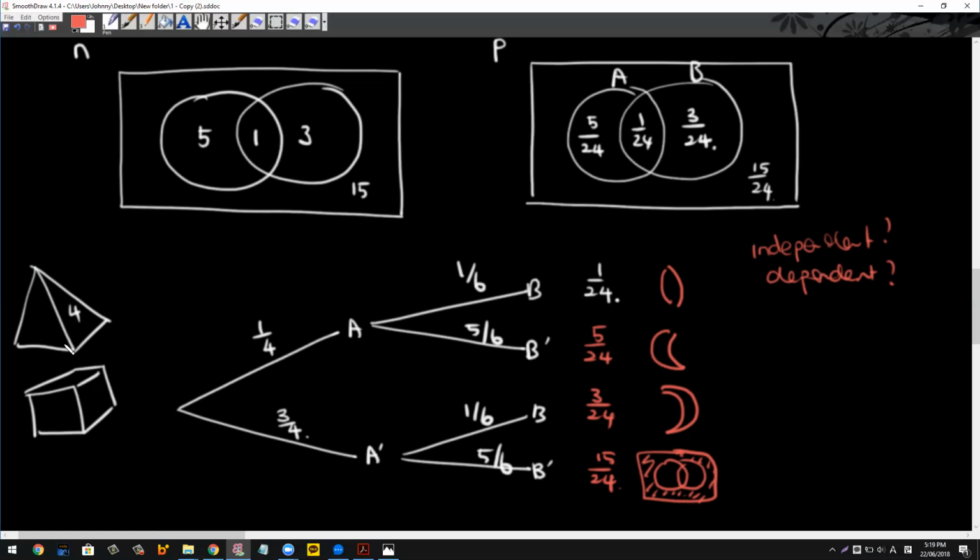Does the outcome on the tetrahedral die somehow influence the outcome for the cubical die? The answer is no. How can this outcome here influence what happens on the cubical die, you see? So they are actually independent of each other.